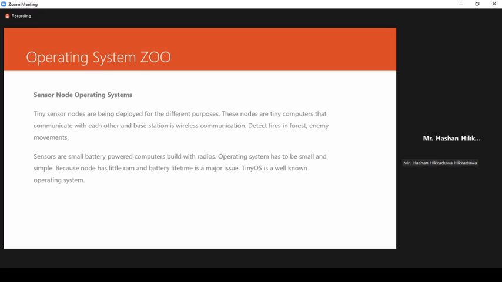The operating system has to be small. You need an operating system on these small computers, but keep in mind, the operating system has to be small and simple because the node has little RAM and battery lifetime is a major issue.